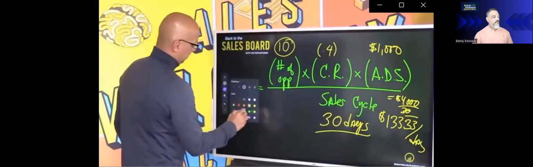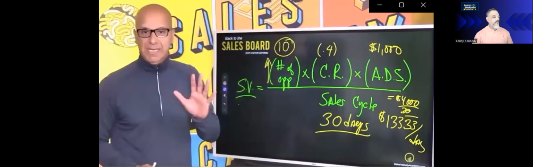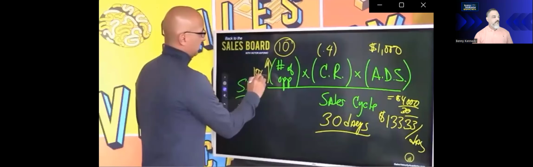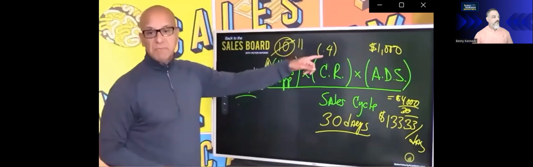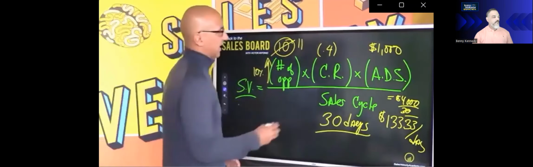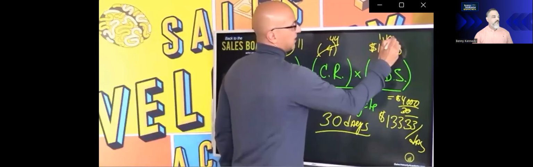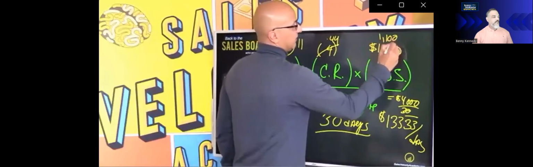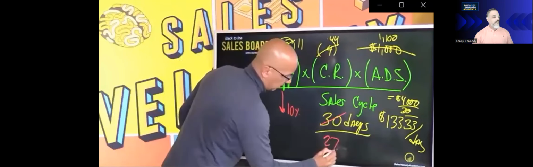Did you know, and if you didn't know, you will now, that if I can increase the number of opportunities in the pipeline by just 10%, which would make that 11, and increase my close rate from 0.4, 40%, to 0.44, 44%, and increase my average deal size by 10%, and reduce the sales cycle by 10%, which would be 27 days?